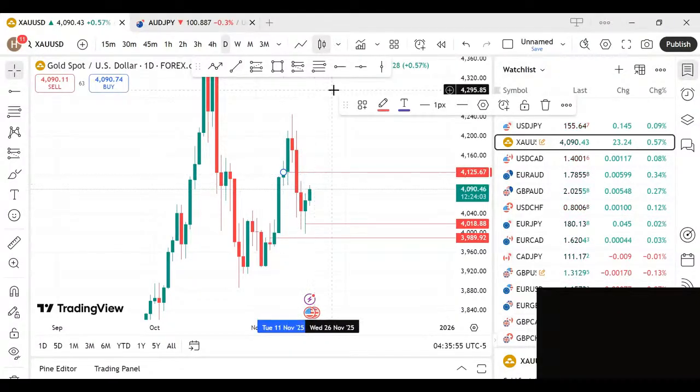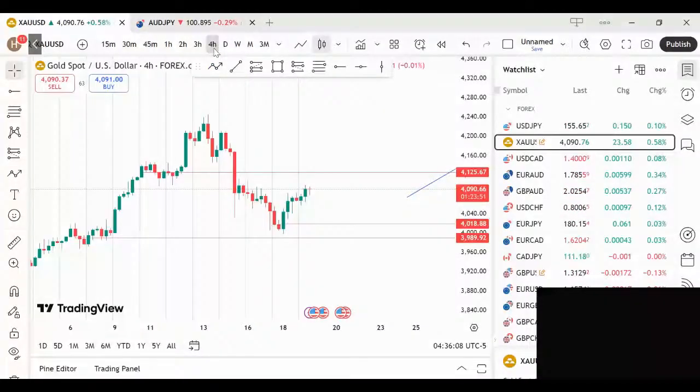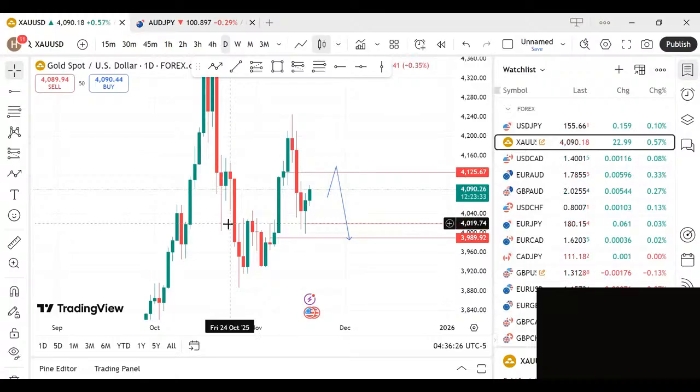I'm expecting gold to tap this level. While it's still rejecting at this level, I go to 4 hours and look for 4 hours rejected 4 hours. When 4 hours rejects 4 hours, that means the candle closes. When the 4 hours candle closes, I'm going to go to 30 minutes, 1 hour, 45 minutes or 2 hours to look for a breakout to the downside. And if I see that on the lower time frame, I'm going to sell gold confidently, because for me, gold is still bearish.